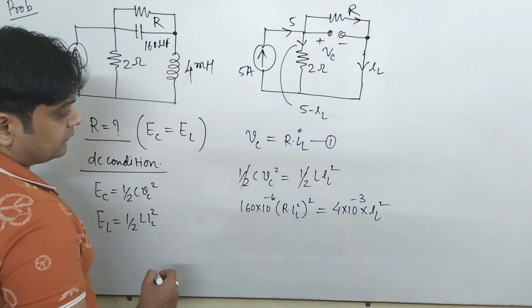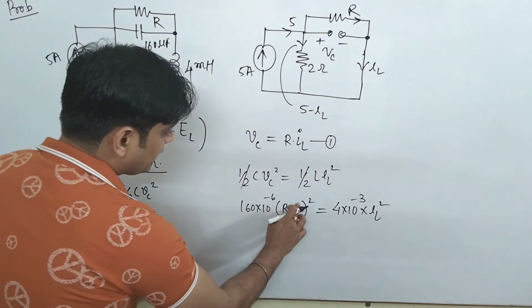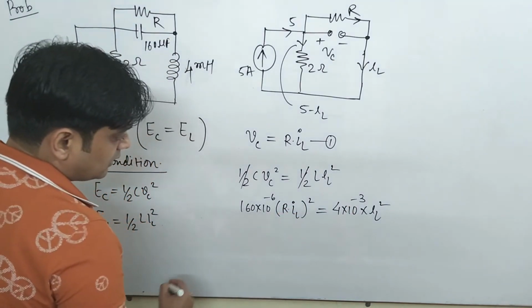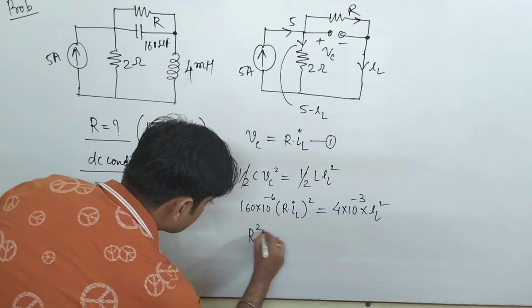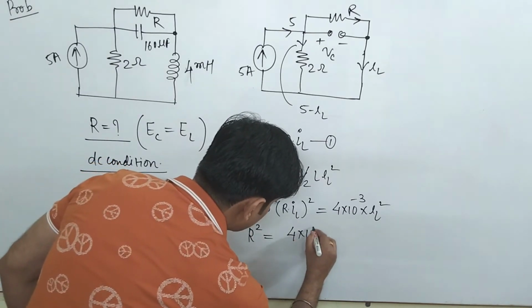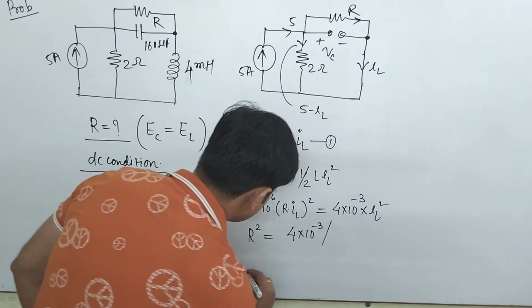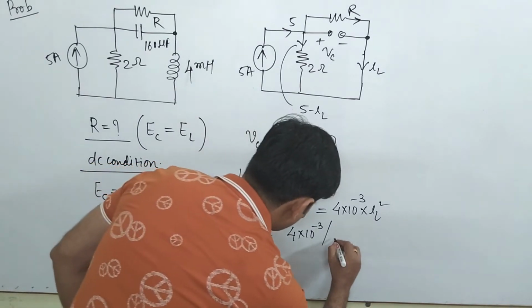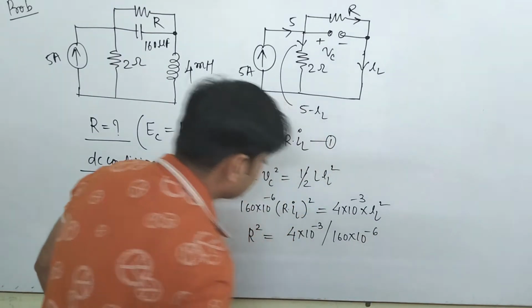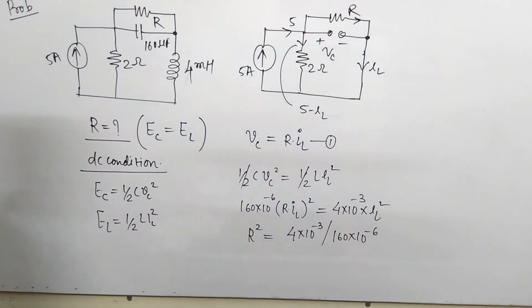So from here the IL square and IL square get cancelled out, so I can directly write R square is equal to 4 into 10 to power minus 3 divided by 160 into 10 to power minus 6.